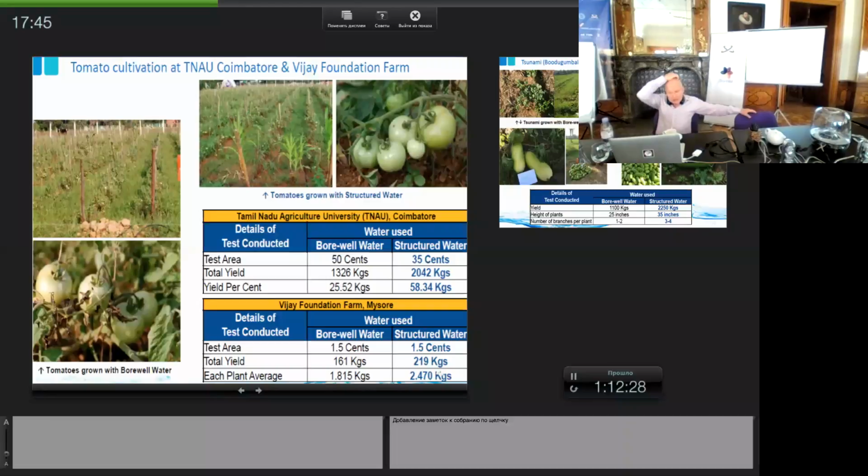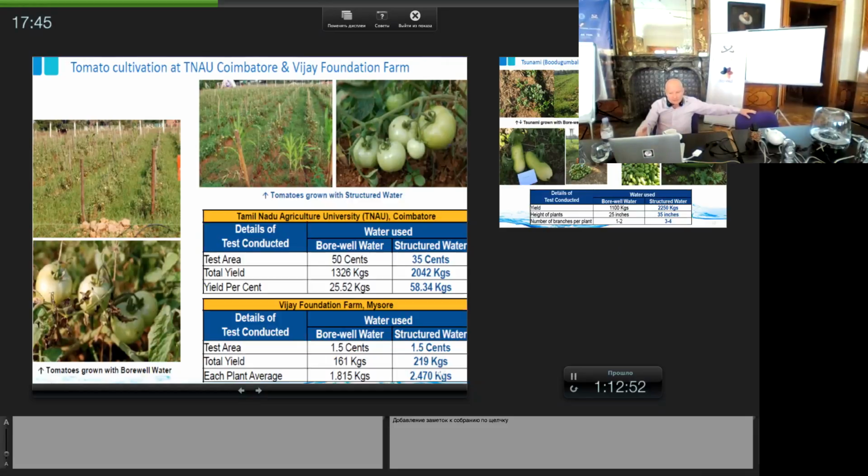And you see the difference. So from one and the same field with normal water, it is 1,300 kilos of tomatoes. With structured water, it's more than 2,000 kilos of tomatoes.